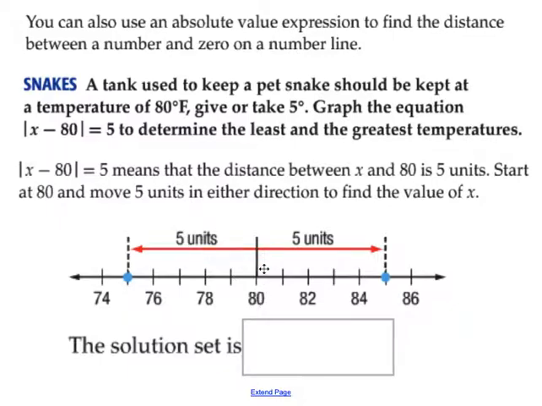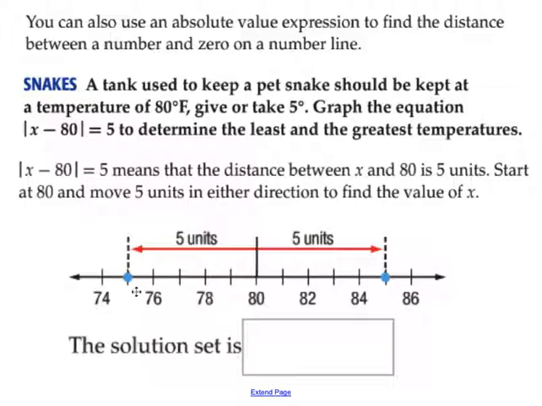Well, instead of 0 being our center this time, 80 is our center because that's where we want to keep the temperature of that tank. And we have 5 degrees of tolerance, so we could go up 5 or down 5 from 80.